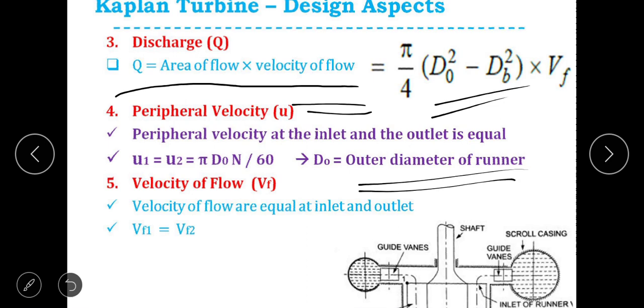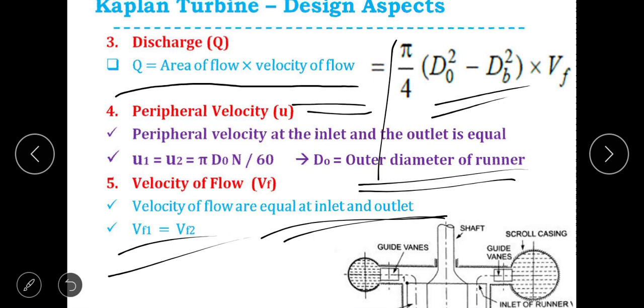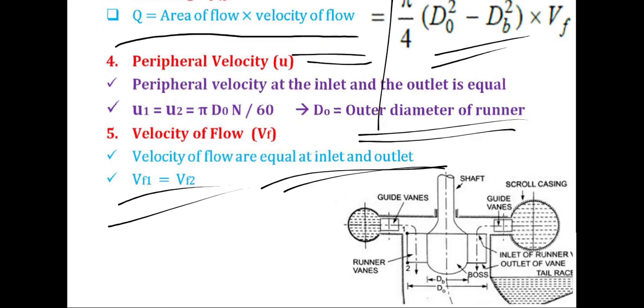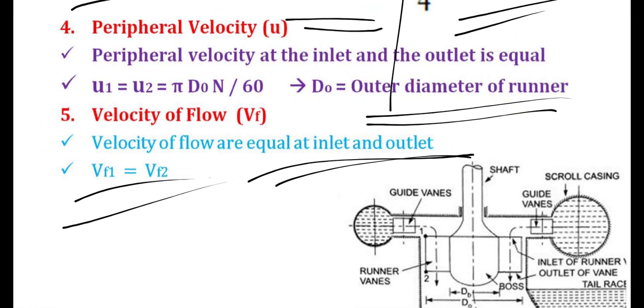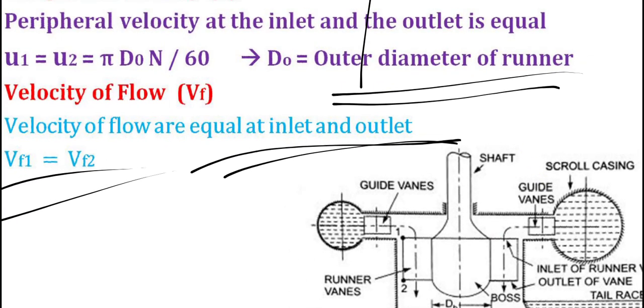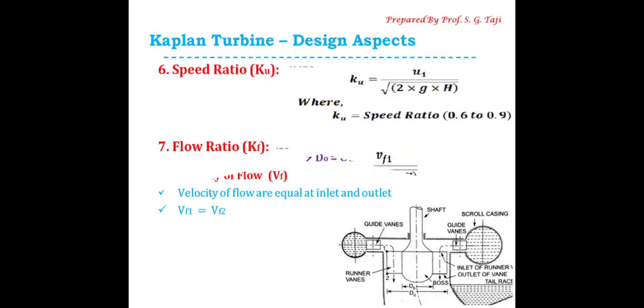Velocity of flow at inlet and outlet is equal, that is Vf1 is equal to Vf2. See here also all different parts are being given. You just have to see carefully and slowly, and you will get everything we have explained.